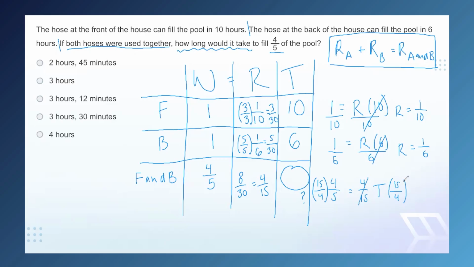That is going to cancel on the right side. On the left side, the 4's cancel. We're going to pull a 5 out of that 15th, leaving us with a 3. So 3 equals T. We can fill that in our matrix, and we see that it will take 3 hours for hoses F and B, or the front and back of house hoses combined, to fill 4/5 of the pool. So our correct answer is B.